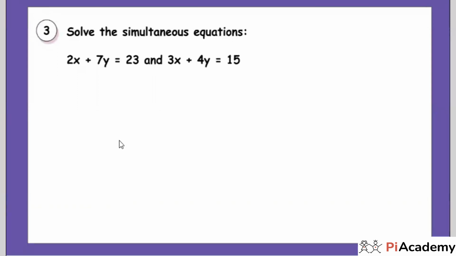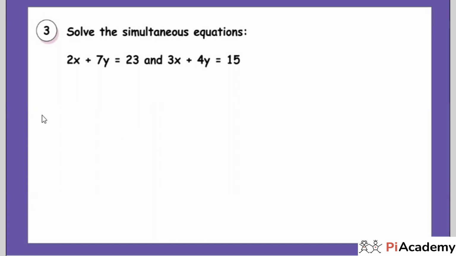Excuse me, sir. Yes. I'm just going to ask you one thing. Why are you not doing this equation like 2x plus 7y equals to 23, and you can make it like 2x minus 3x plus 7y minus 4y, and make it 23 minus 15?